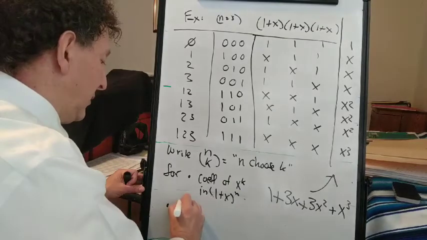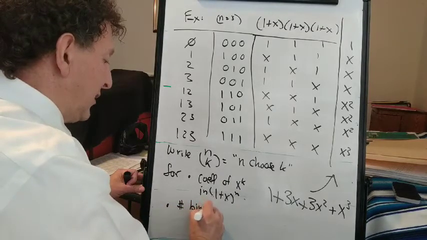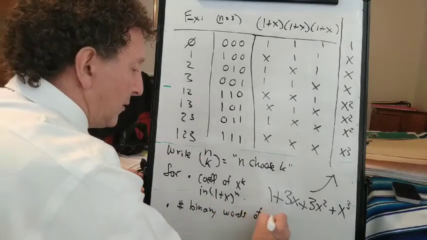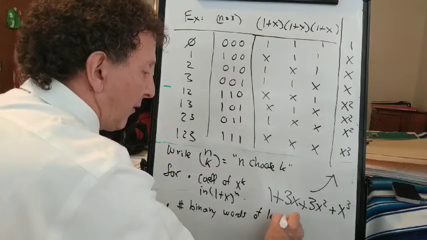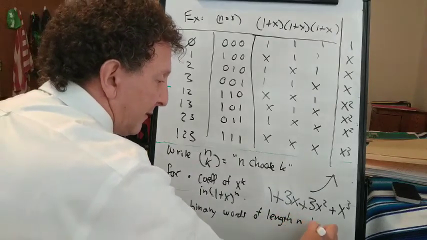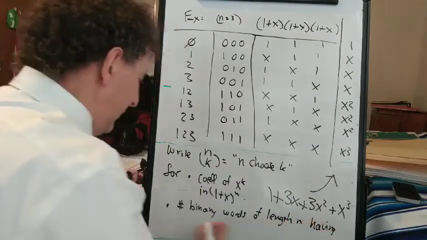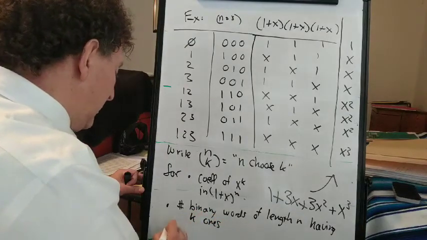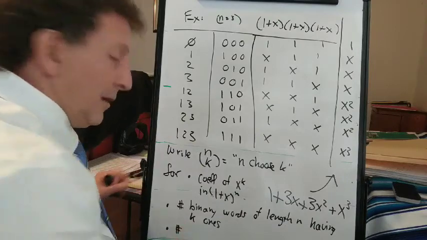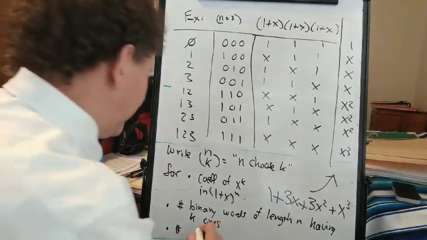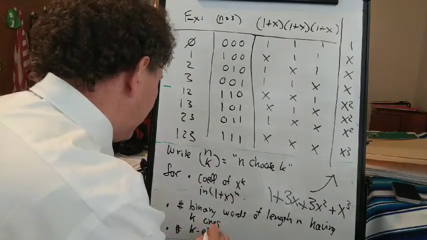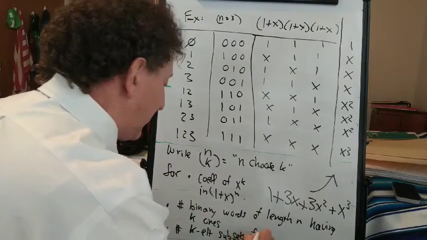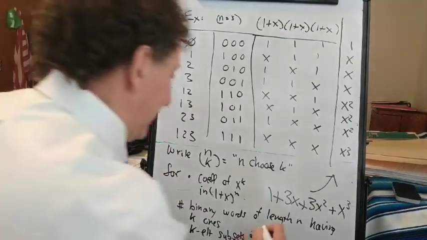It's also the number of binary words of length n having k ones, and it's also the number of k element subsets of an n element set.